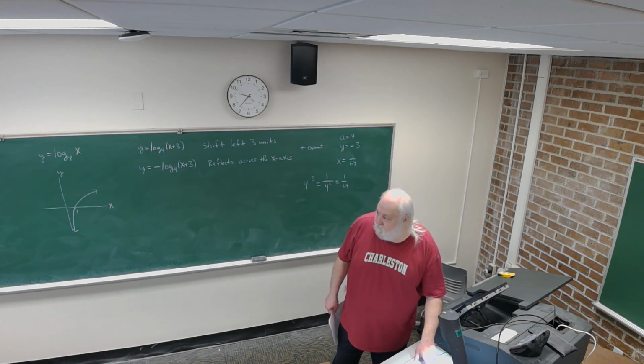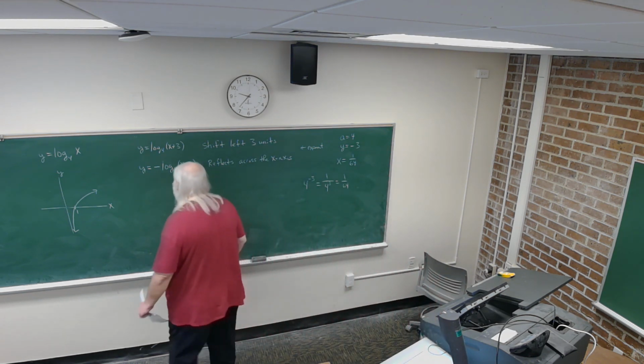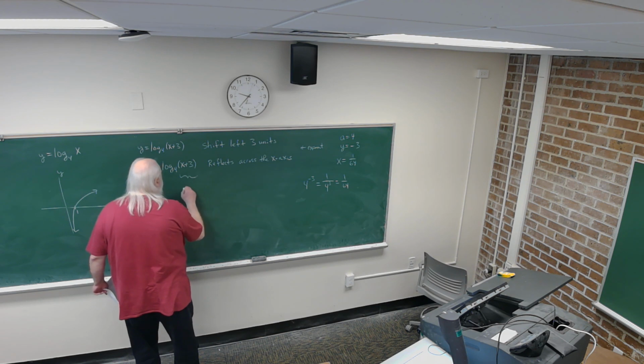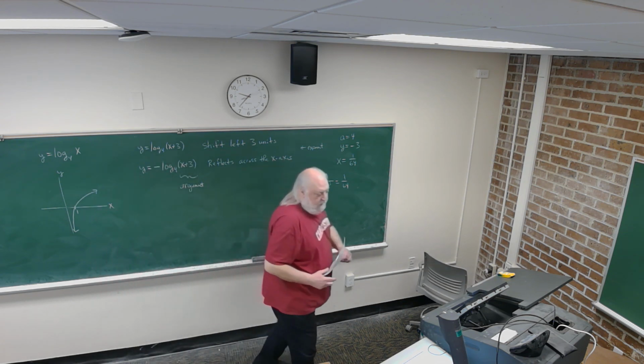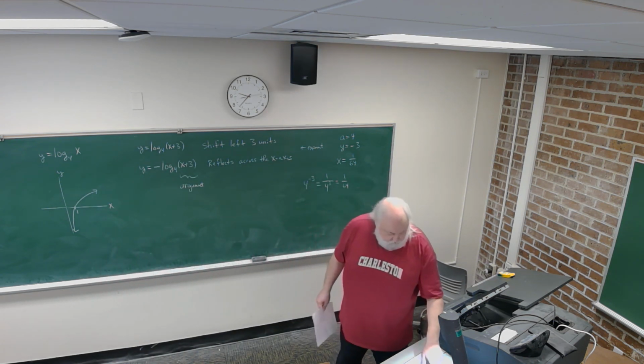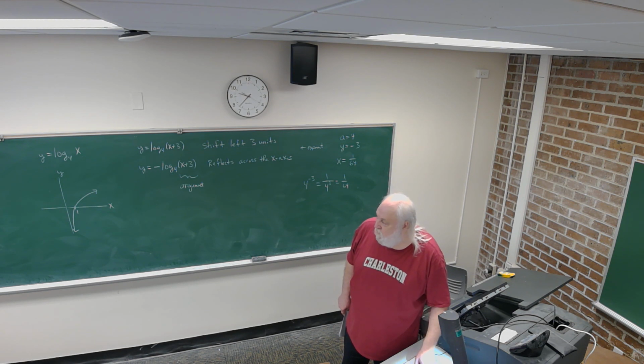Okay. Now, without the graph, in finding the domain of a logarithmic function, this inside the parentheses here, we call this the argument. And so the argument in our logarithmic equation is equal to x plus 3. And so to find the domain, remember you can't take the log of 0 or a negative number.